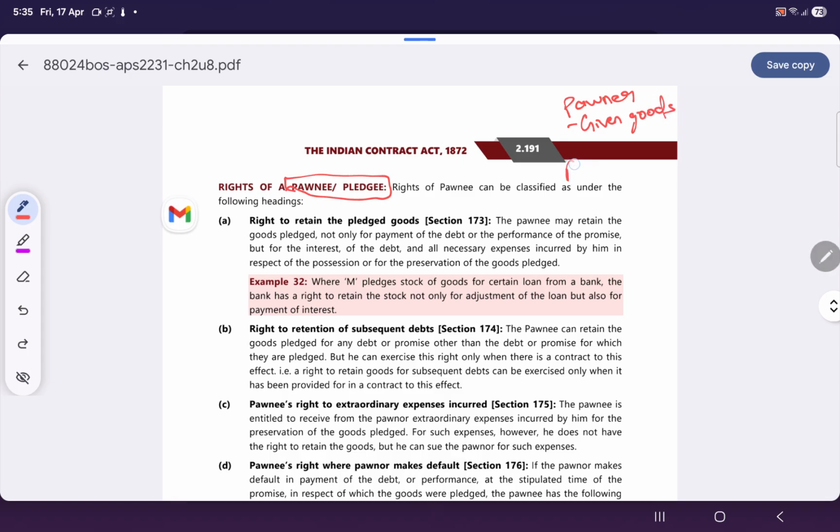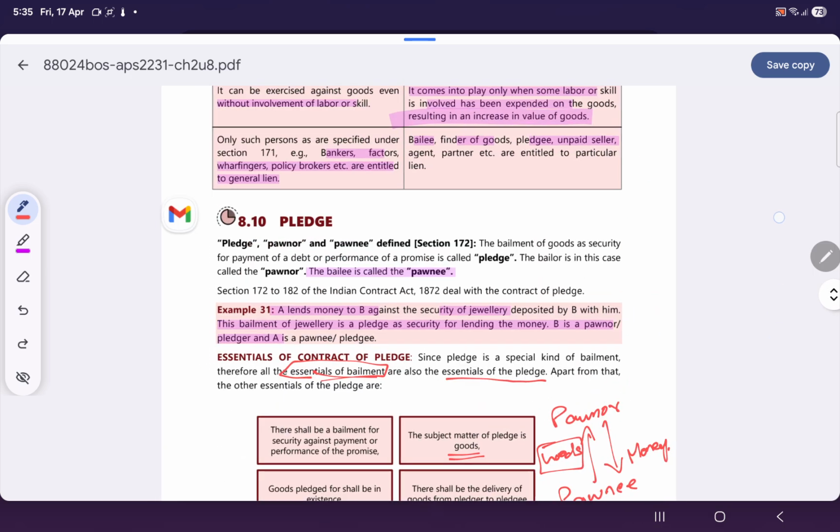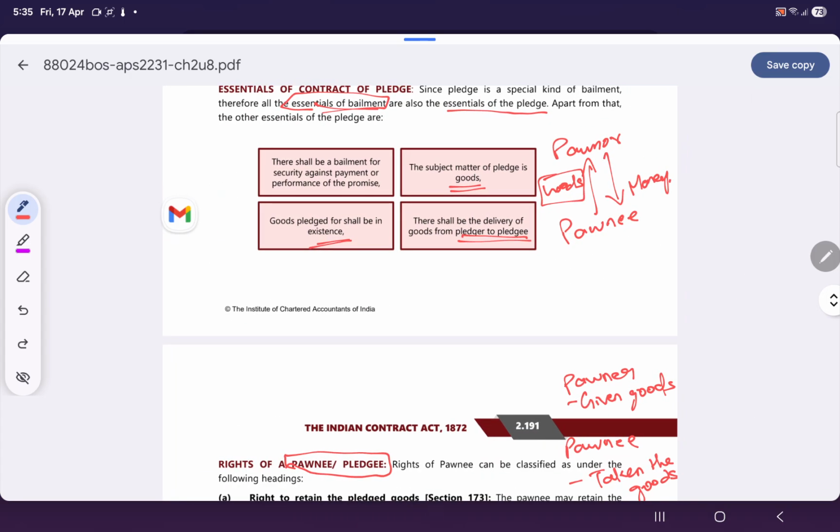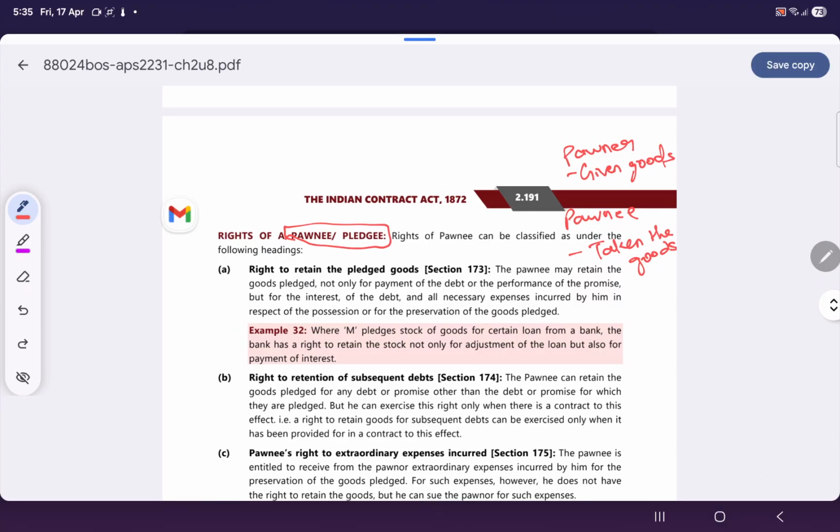Pawnee is the person who has taken the goods. The bailor in this case is called the pawner. The bailee in this case is the pawnee. The bailor is the one giving the goods, right? So the pawner will be the bailor who is giving the goods. Pawnee will be the bailee who is taking the goods.